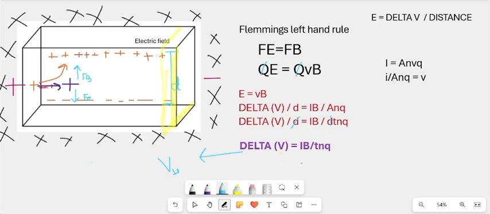And I got I B over N t Q as my formula for Hall voltage. And this is it for the derivation of the Hall voltage formula.